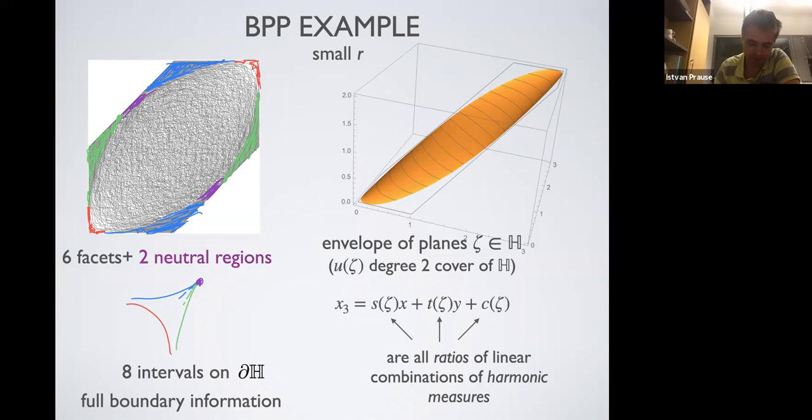So in terms of the harmonic functions involved, we have full boundary information, and then the limit shape is an envelope of these kinds of planes where all the coefficients are explicit ratios of linear combinations of harmonic measures in terms of these complex parameters. So in the r equal to 1 case, this would be without these ratios. It would be just simply linear combinations of harmonic measures.